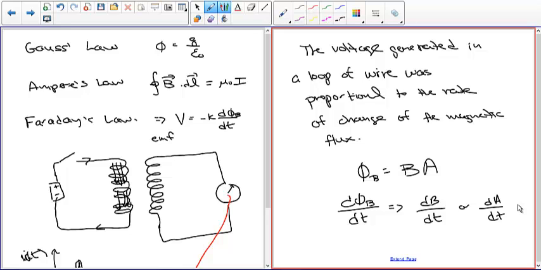but that's actually how electric generators work. You have a loop of wire, and you have a magnetic field which you impose by having a permanent magnet.